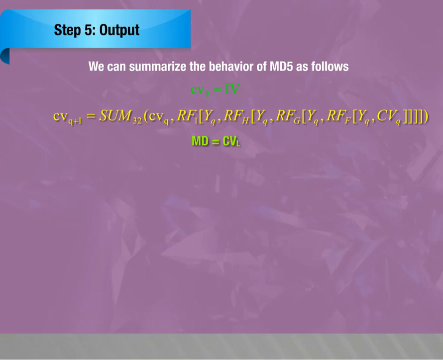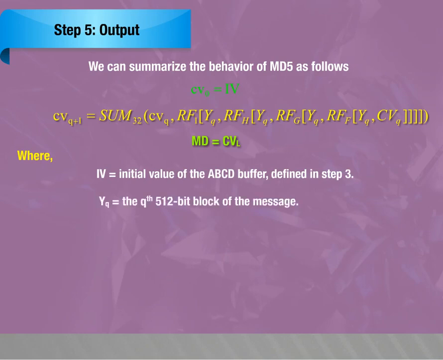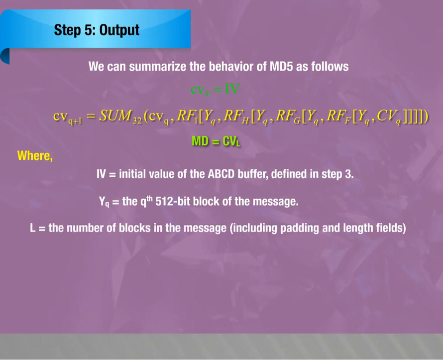MD is equal to CVL, where IV is equal to the initial value of the ABCD buffer defined in step 3. Yq is equal to the qth 512-bit block of the message. L is equal to the number of blocks in the message, including padding and length fields.